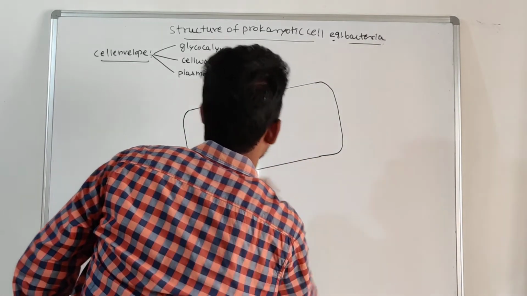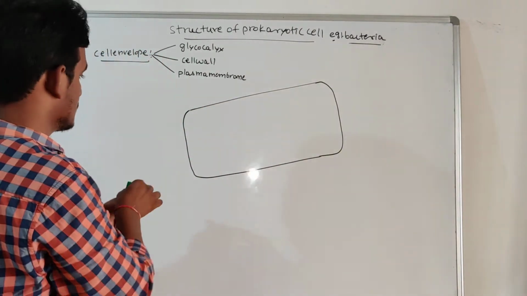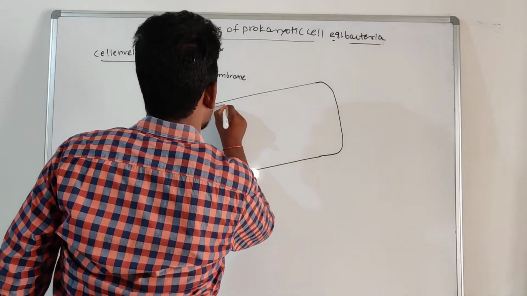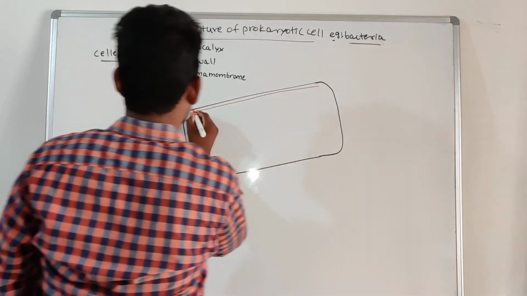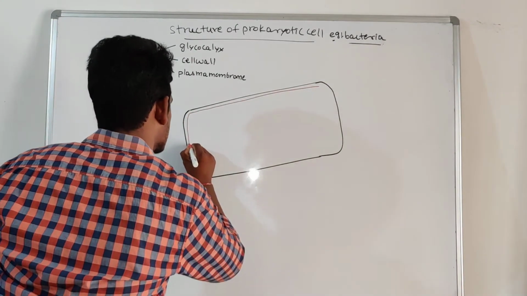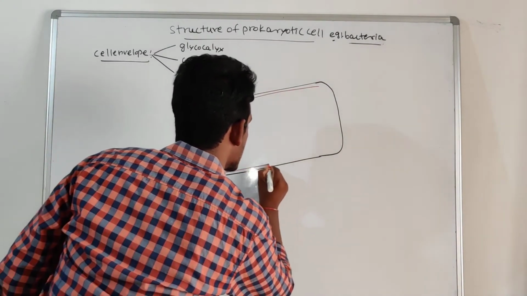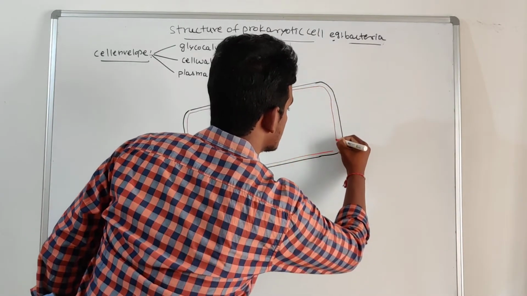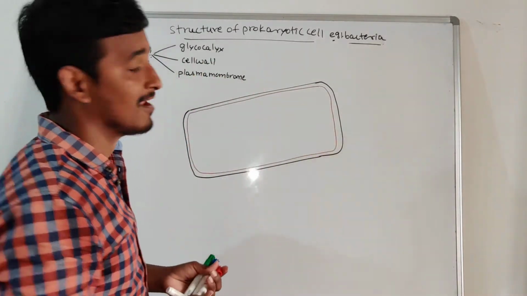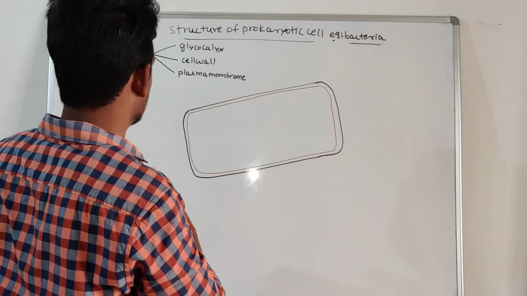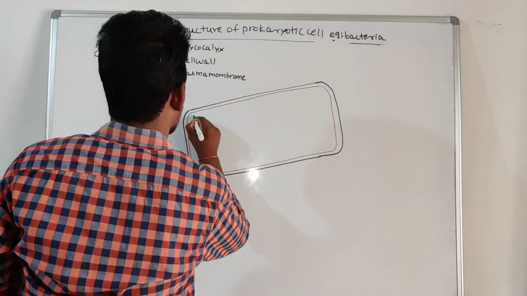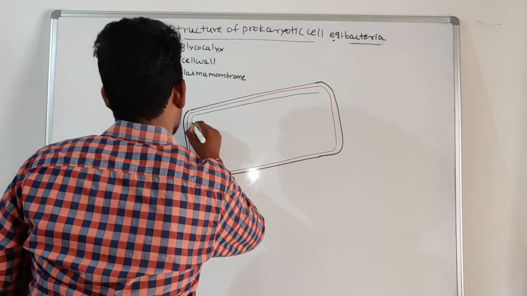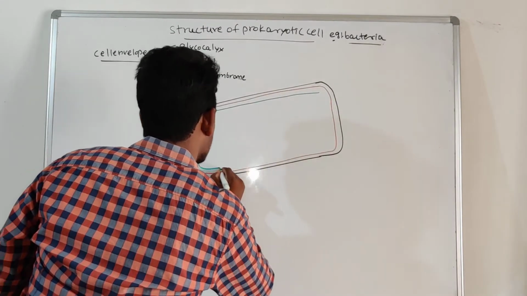So if you see the structure of the bacterial cell, it has three layers. The outer layer is called the glycocalyx. After that comes the cell wall. Below that there is the plasma membrane, or cell membrane.